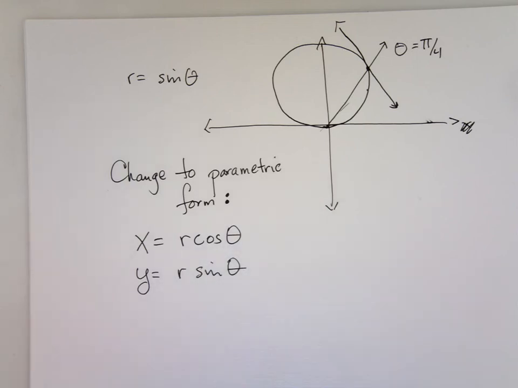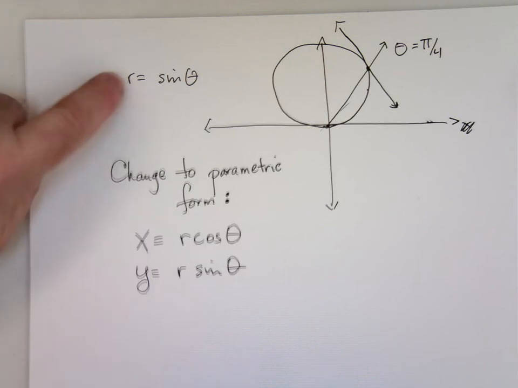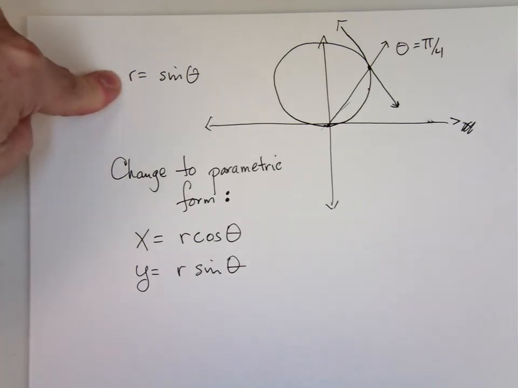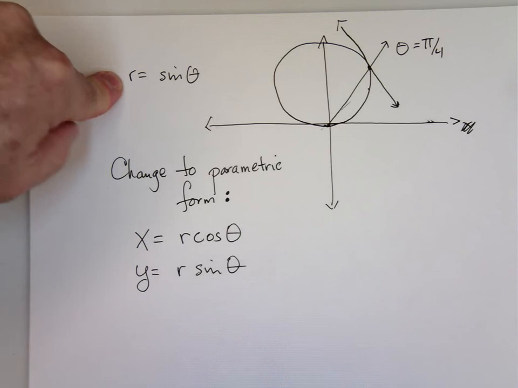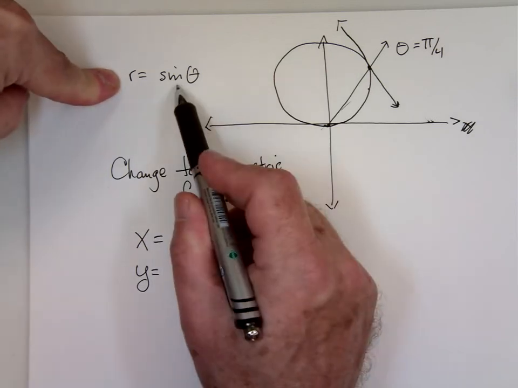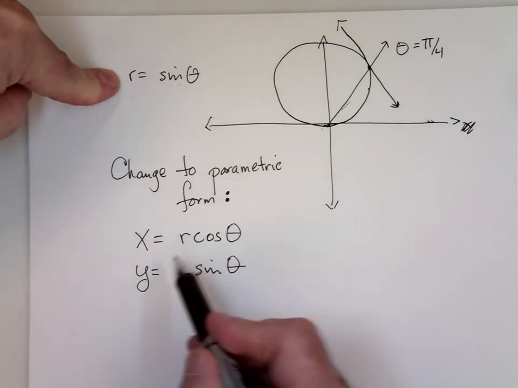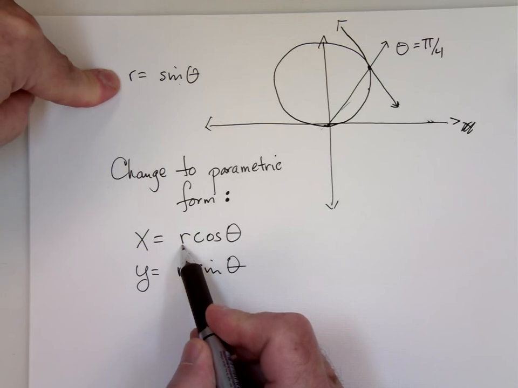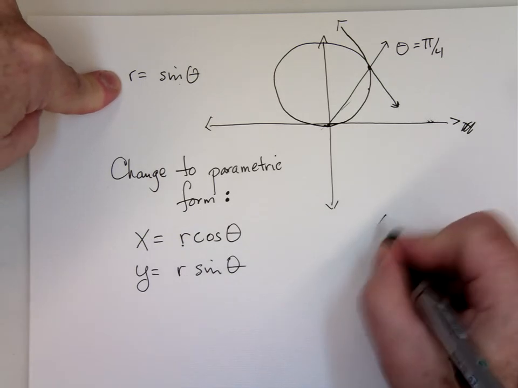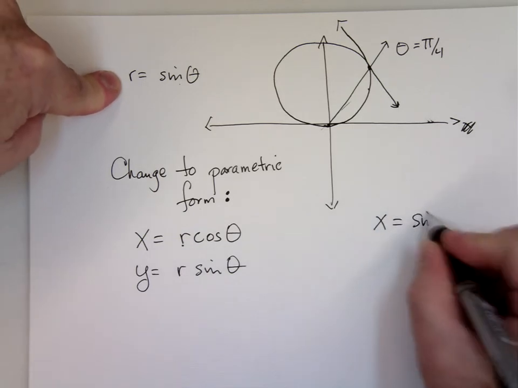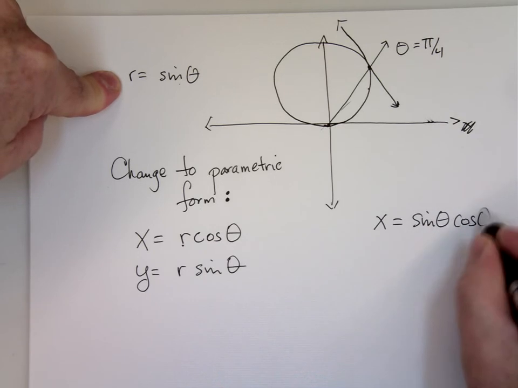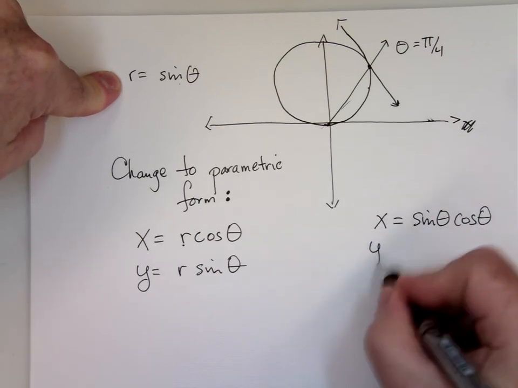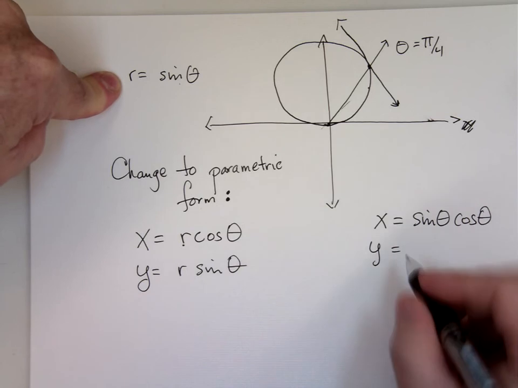We are given an equation where r is equal to sine theta. Here's what we're going to do. We're going to take the r equals sine theta and replace this r with sine theta. We're going to say x is equal to sine theta cosine theta, y is equal to sine theta times sine theta, which is sine squared theta.